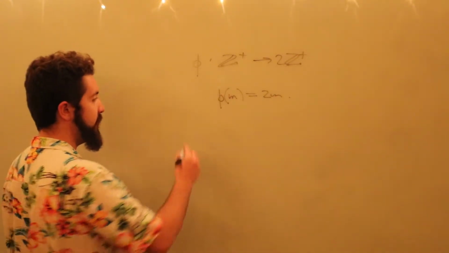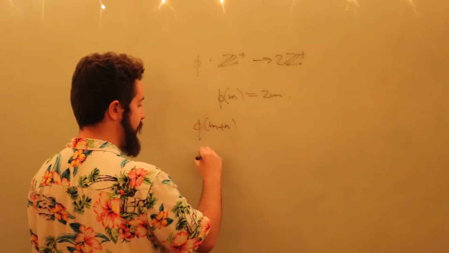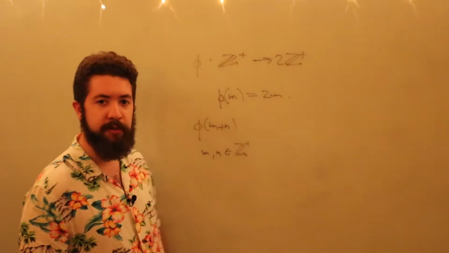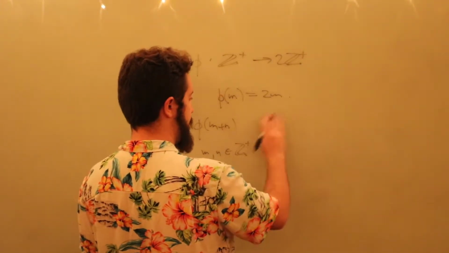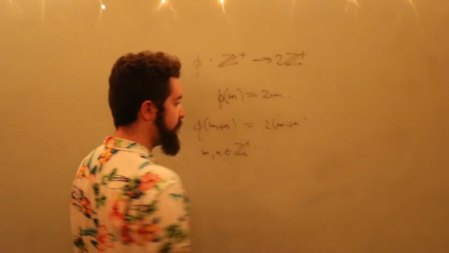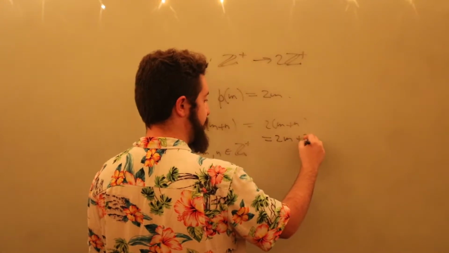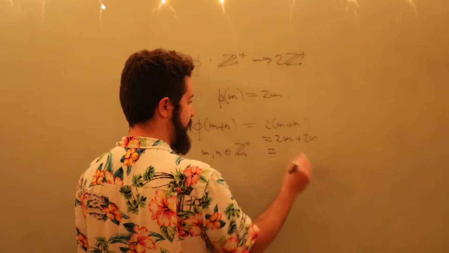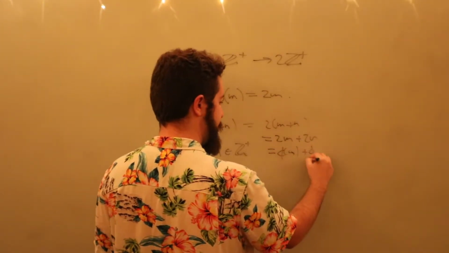Alright, so to do that, we would say, what is phi of m plus n for arbitrary m and n in the integers? Well, phi of m plus n is just going to be equal to 2 times m plus n, which in this case is equal to 2m plus 2n, and this is going to be equal to phi of m plus phi of n.